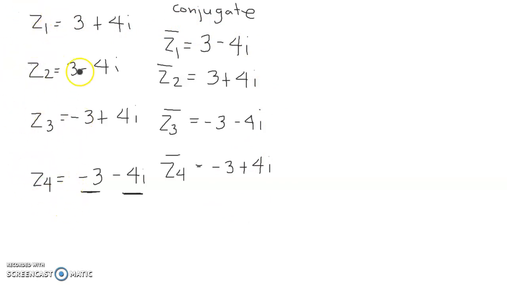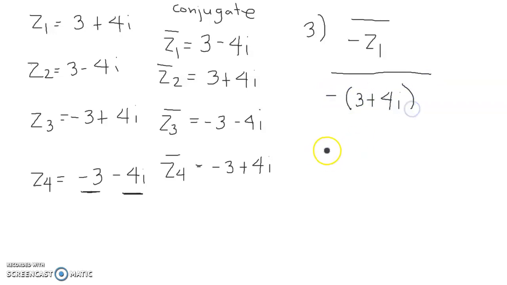So let's have example 3 using the given complex numbers. Find the conjugate of negative z1. First, in solving the conjugate of negative z1, we can rewrite the expression as the conjugate of negative (3 + 4i). Simply, the first step is to multiply the negative sign, that's negative 3 minus 4i.